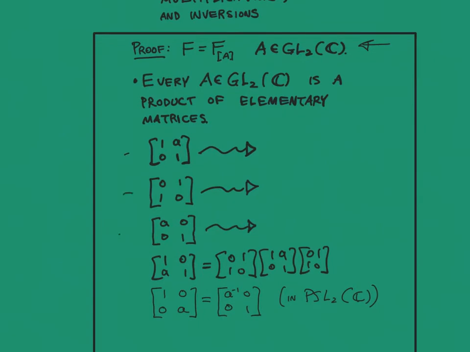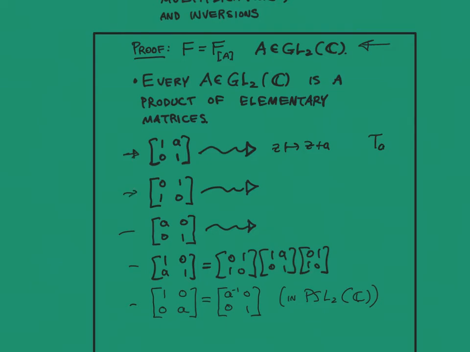Here are the elementary matrices. We usually think of them in terms of row operations. The first one amounts to the row operation where you add A times the second row to the first row. But in any case, if you convert this into a fractional linear transformation, this becomes translation by A, which let me just give the name T sub A for right now.